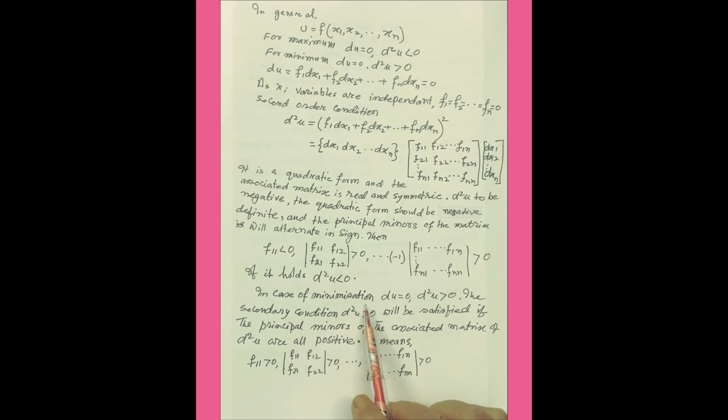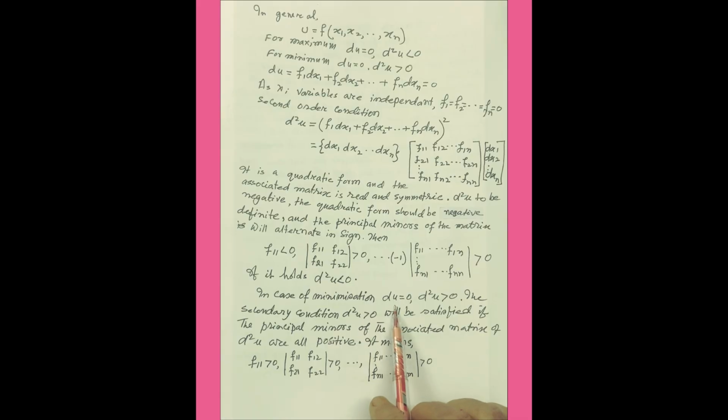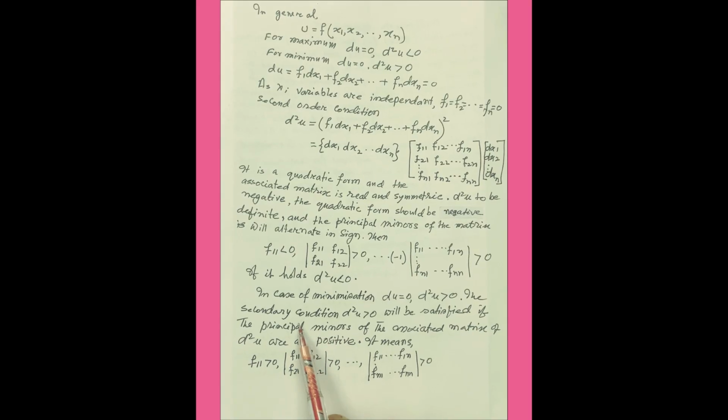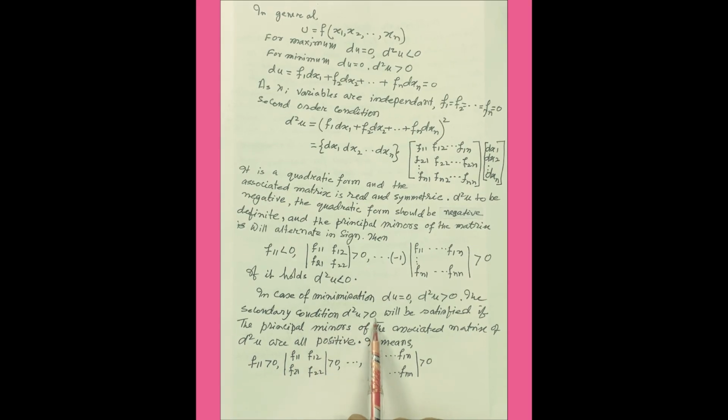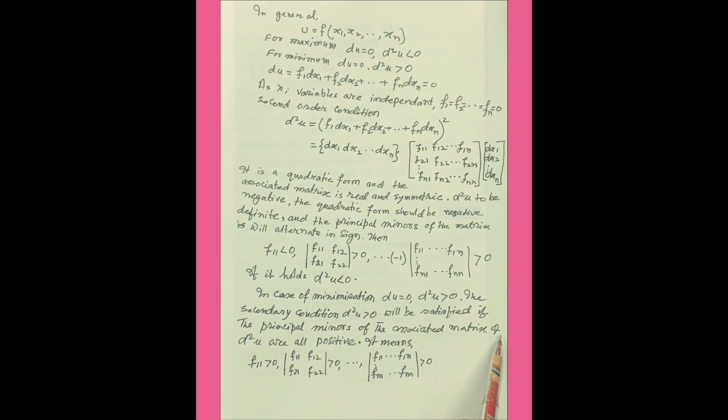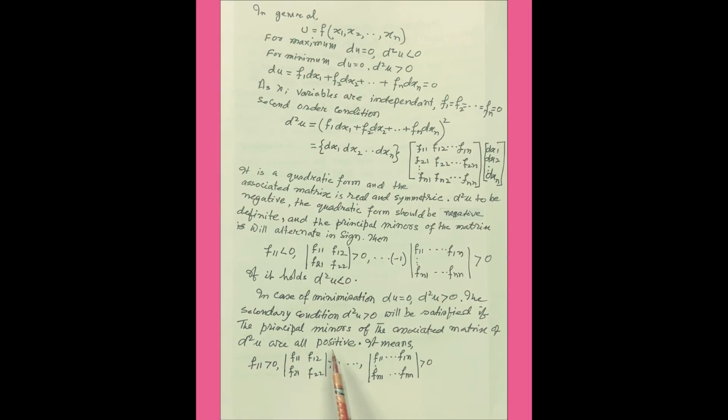Now in case of minimization, du is 0 and d square u is positive, greater than 0. The second order condition, d square u positive, will be satisfied if the principal minors of the associated matrix of d square u are all positive.